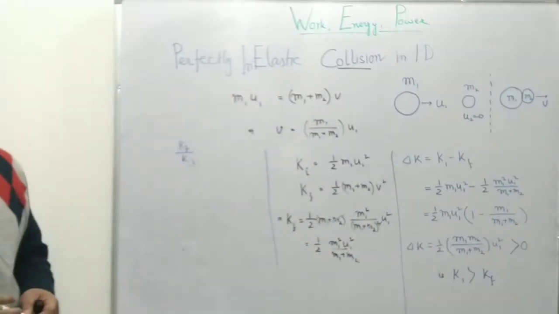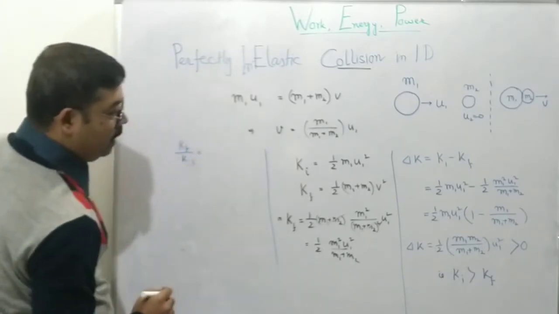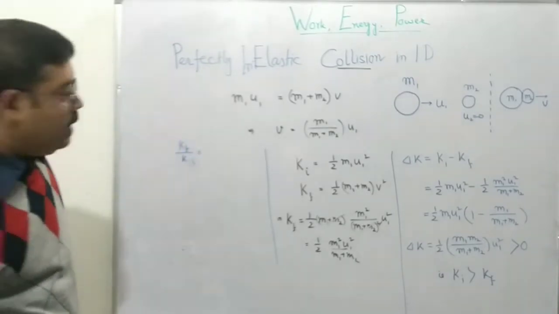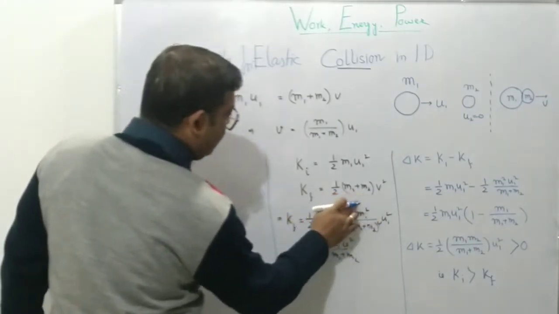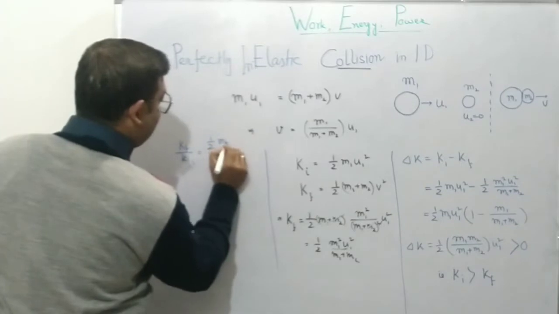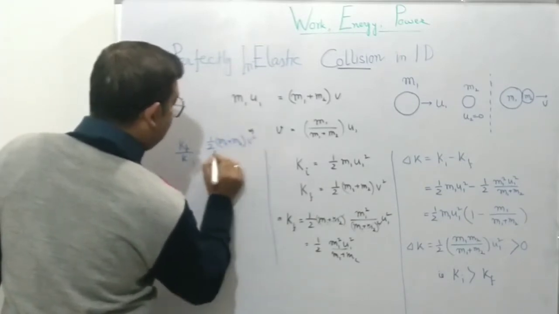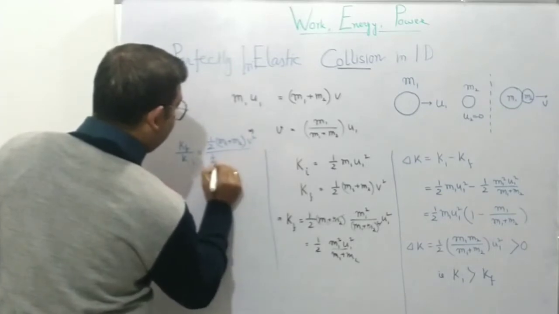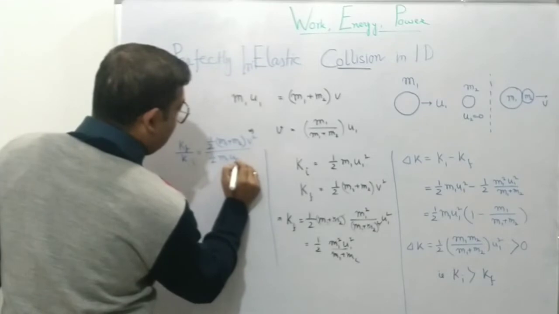Okay, so what will be this value? This will be again the same, half m1 plus m2 into v square divided by half m1 u1 square.